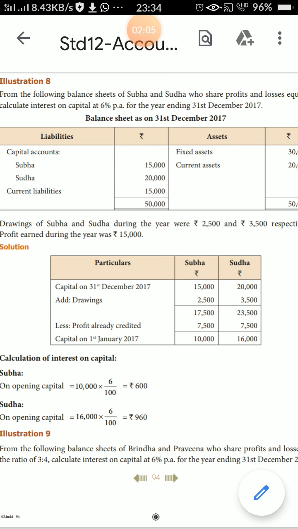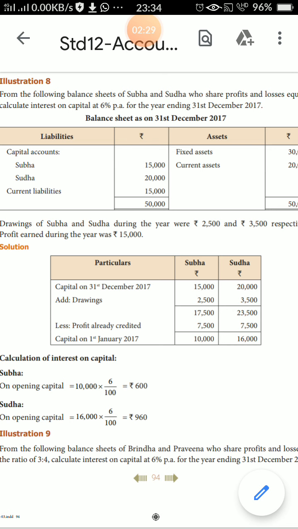Okay, students, today there is one new method of sum. It is the same as the first chapter's statement of a year method, which is used in the first five sums of the first lesson: closing capital, add drawing, less additional capital.